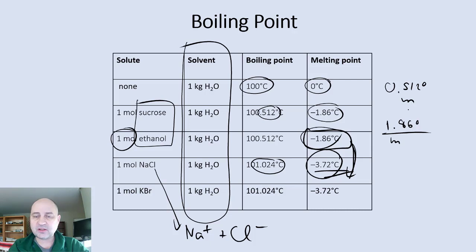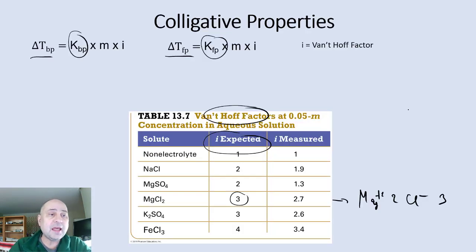Those are the constants for water, and I'll always provide those to you. And so we multiply by the molality, that's little m, so it's the number of moles per kilogram of solvent, and then times this Van't Hoff factor i, which for non-electrolytes, meaning polar covalent compounds that don't break into ions, is always going to be 1. So ethanol and sucrose are going to be 1.